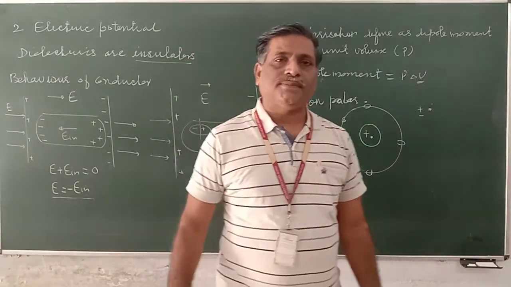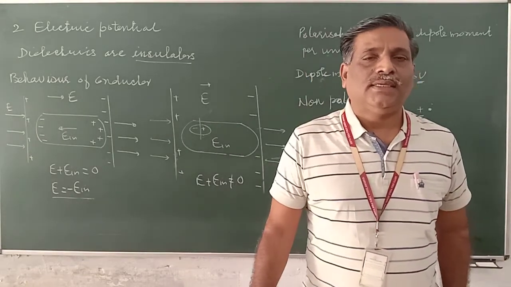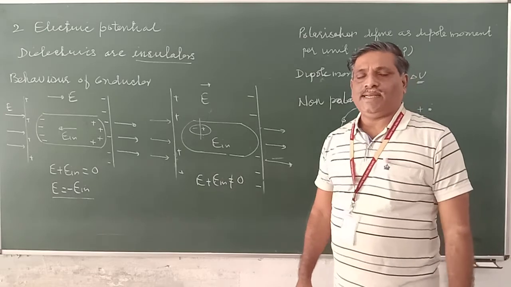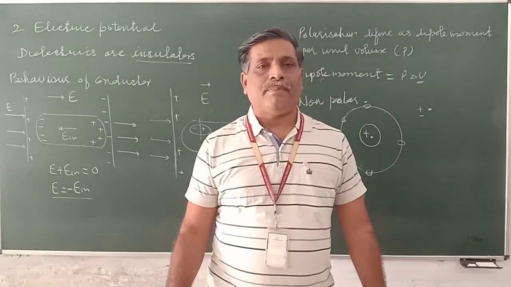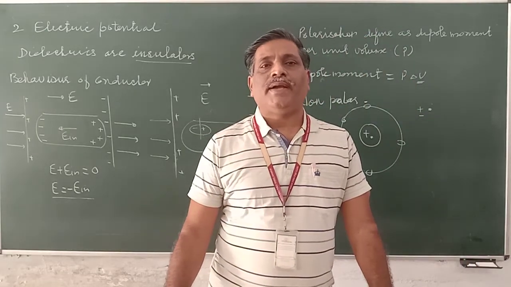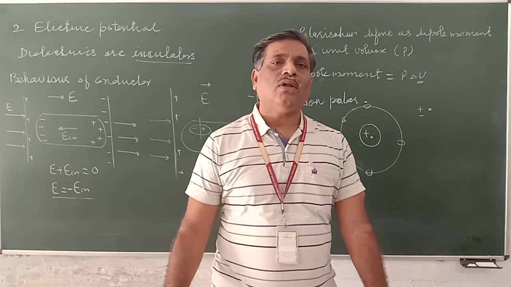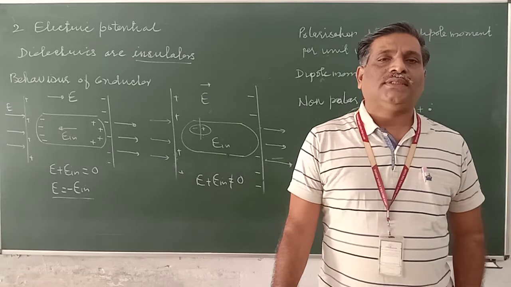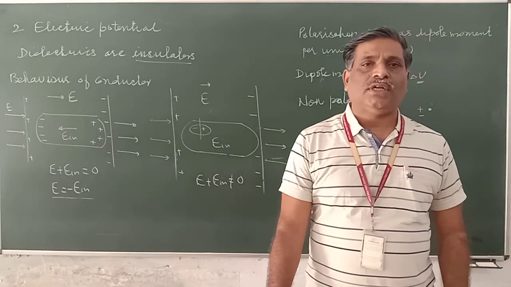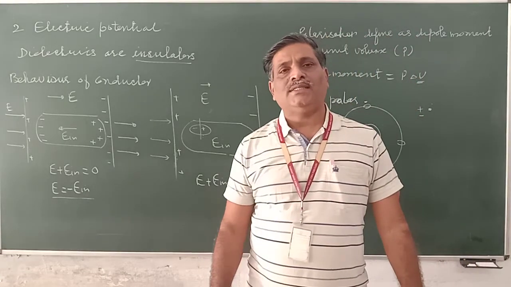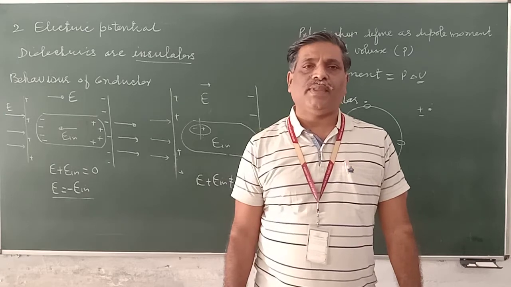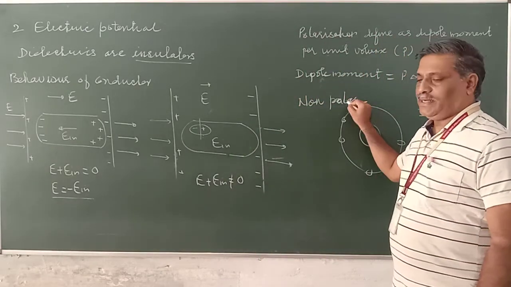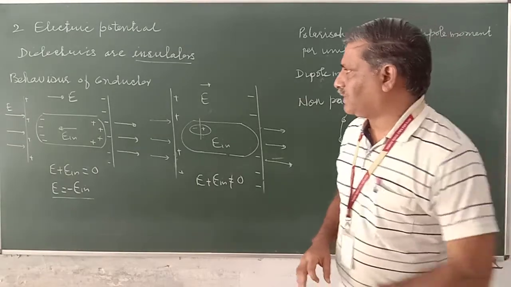Non-polar substances are those for which the positive and negative charge centers overlap. They are not separate from each other. All symmetric molecules, like hydrogen and oxygen, are non-polar substances. At atomic level, there is no dipole moment in non-polar substances.